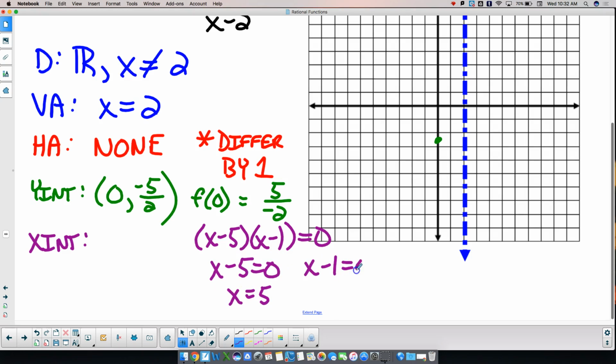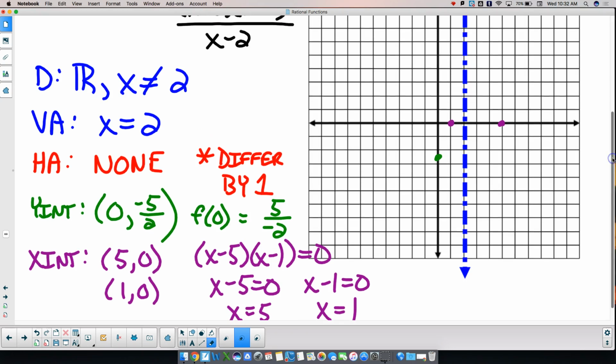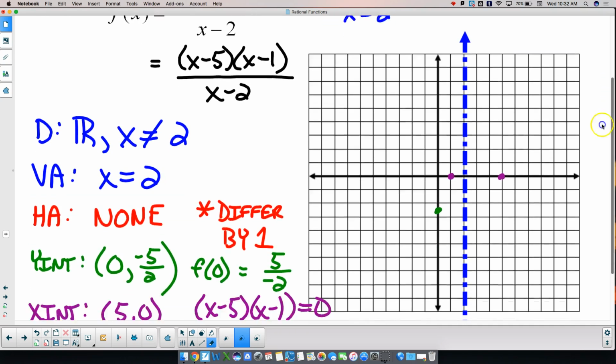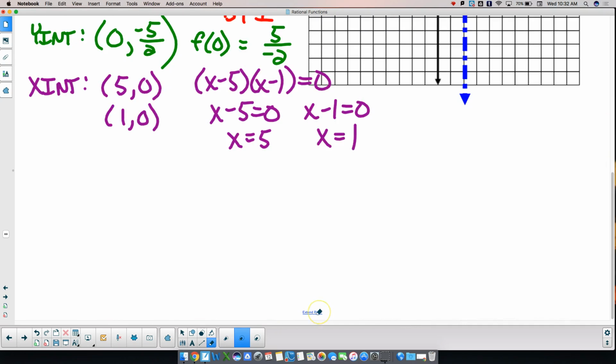X minus 1 is equal to 0, so x is equal to 1, which means that I have x-intercepts at (5, 0) and (1, 0). 1, 2, 3, 4, and 5. Okay. Did anything cancel out? Nothing canceled out, so that means we have no hole.